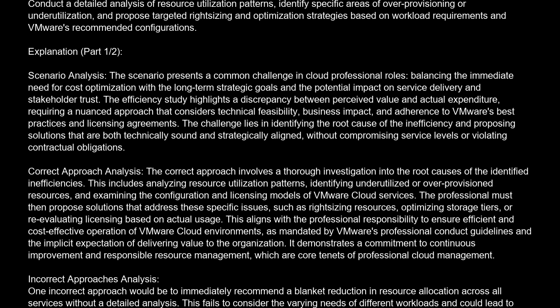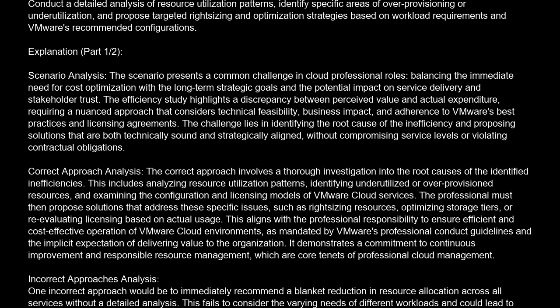Correct approach analysis. The correct approach involves a thorough investigation into the root causes of the identified inefficiencies. This includes analyzing resource utilization patterns, identifying underutilized or overprovisioned resources, and examining the configuration and licensing models of VMware cloud services. The professional must then propose solutions that address these specific issues, such as right-sizing resources, optimizing storage tiers, or reevaluating licensing based on actual usage.